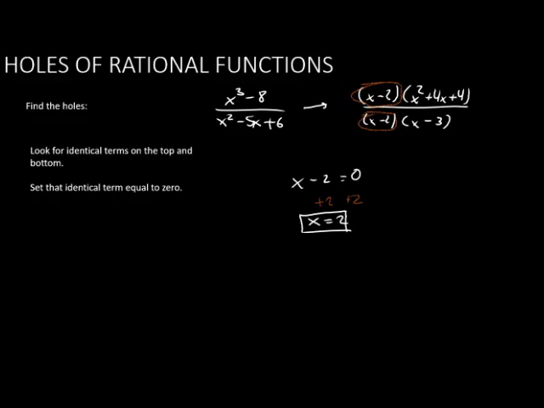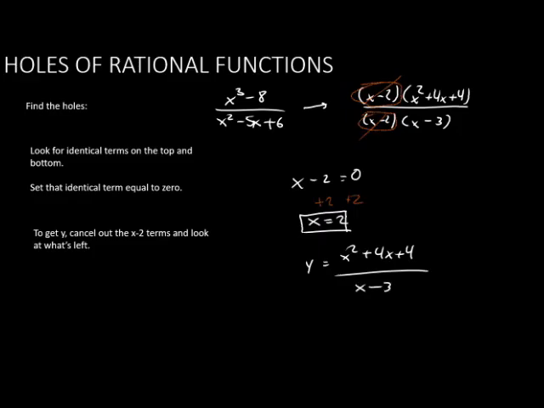Now, it's not enough to get that x value. We have to get a y value that goes with that x. In order to get that y value, we'll now cancel out the x minus 2's and look at what we have left. If we cross out the x minus 2, we'll have y equals x squared plus 4x plus 4 on top, and x minus 3 on bottom.